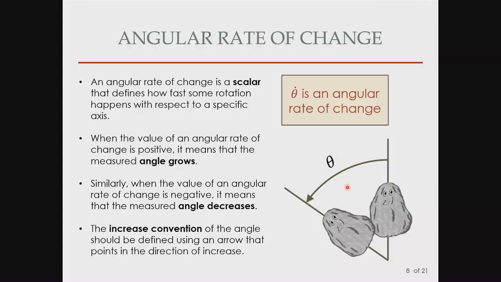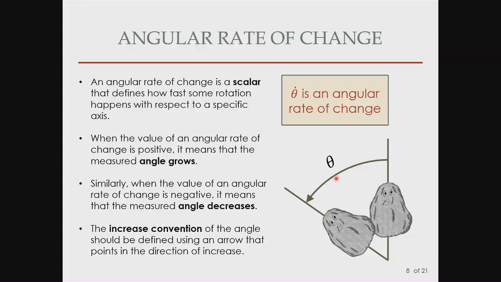The rate of change of that angle over time, theta dot, is called the angular rate of change of that body about that axis. In this case, the axis is coming out of the page, or at least normal to the page.